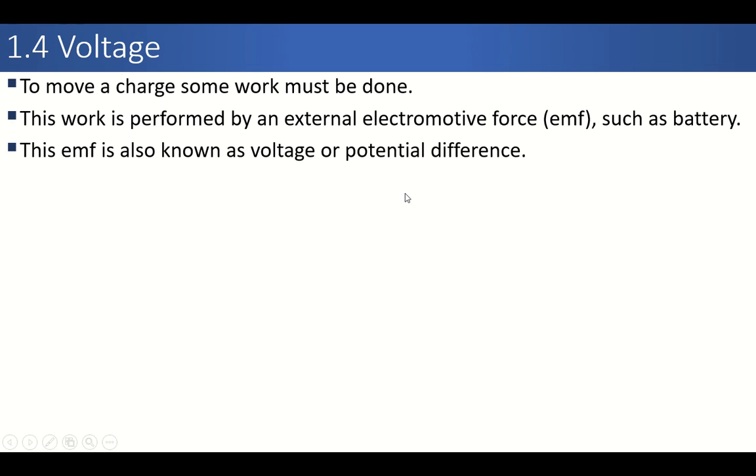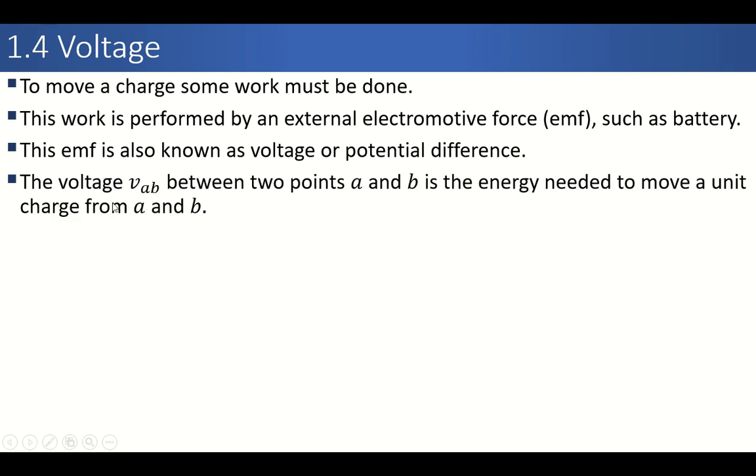There are different terminologies associated with that force. We simply call it voltage or potential difference or simply potential. And the voltage VAB, that is the potential difference between points A and B, is the energy needed to move a charge from point A to B. Let's suppose we have two points in a circuit, point A and point B, and we want to move a charge from one point to the other.